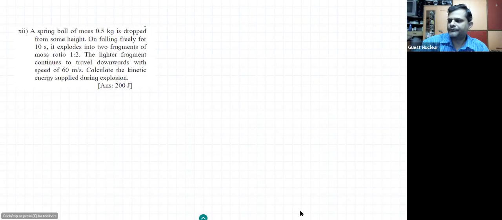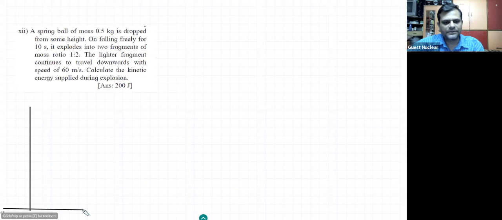Okay, so let us draw the diagram roughly. What is happening here is, first of all, a spring ball whose mass is given as 0.5 kilogram, and it's dropped from some height. Suppose this is the height and this is the ground from which it is dropped.